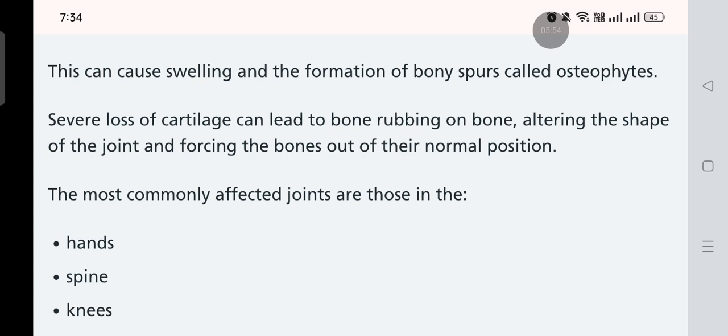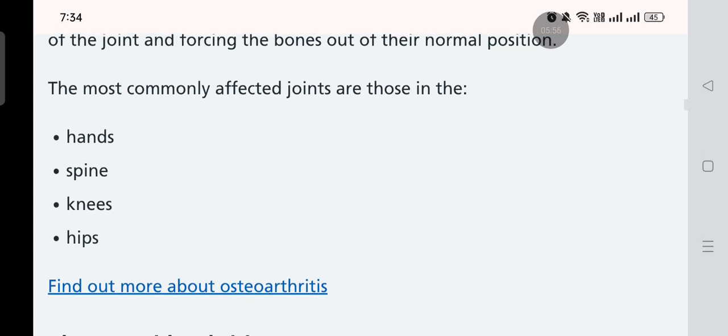The most commonly affected joints are those in the hands, spine, knees and hips.